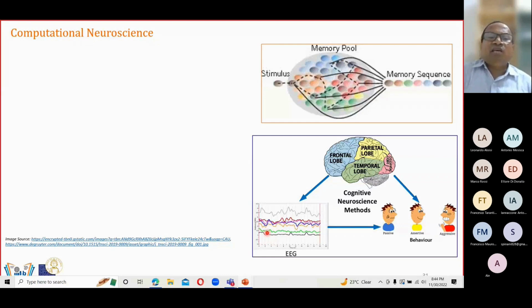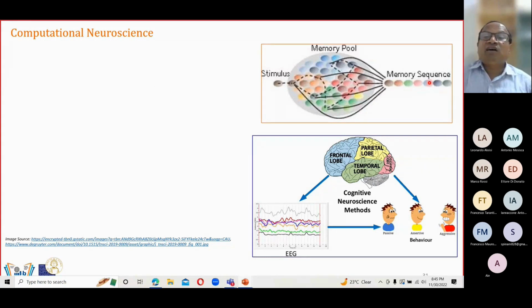And then you can study the behavior, whether passive behavior, active behavior, if it is active, assertive behavior, aggressive behavior, abnormal behavior, normal behavior, all these kinds of studies are very easily carried out with the help of EEG signal. So this comes under computational neuroscience because you are capturing the neurological signals and how the nervous system of a person responds, whether the person responds badly, adversely, non-adversely, normally, abnormally, this can be ascertained using the neurological signals.